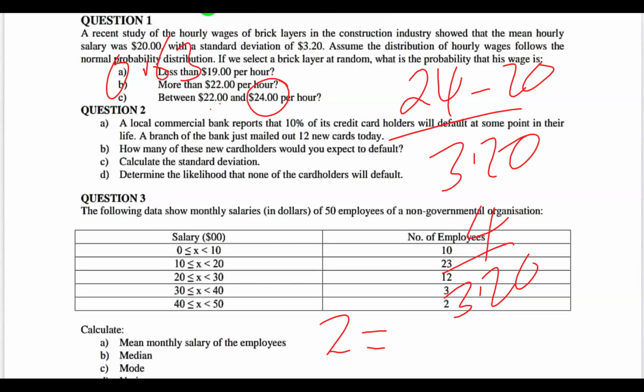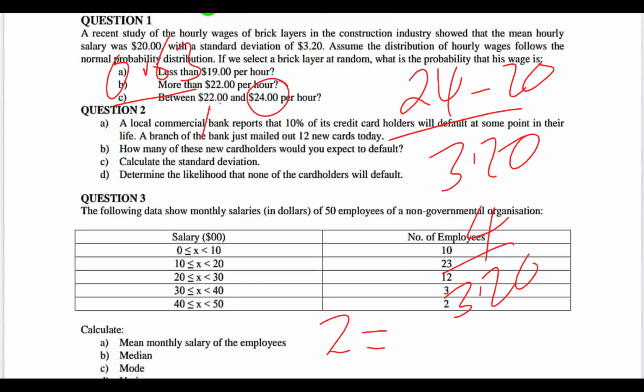Was it 24 or 22? There was 22 and 24. The 22 we have already found, it is 0.63, isn't it? Yes, Z is equal to 0.625.